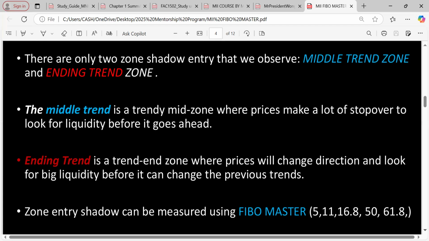The mid trend zone, like I've said before, the 50 and the 61%, is where the market goes back to look for liquidity. So that is another zone. The ending zone is where prices will change direction. Changing direction means what? A reversal.